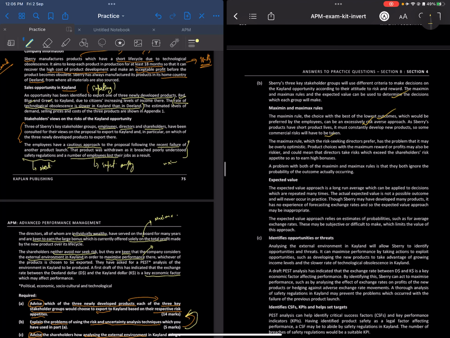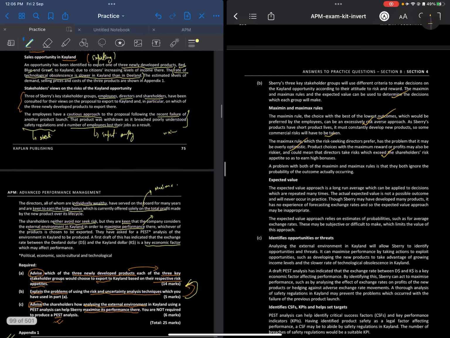The maximax rule is for risk-seeking directors. It may be overly optimistic, right? So product choices with maximum reward for profit may be riskier, which would mean that directors take risks which exceed shareholders' risk appetite, as they seek to earn a high bonus.